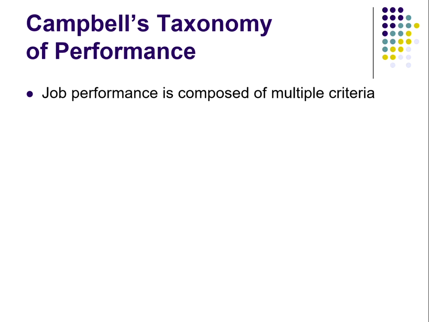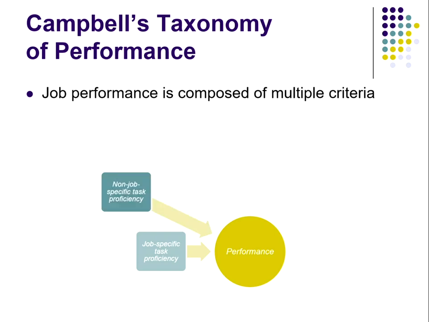So I thought I'd share with you Campbell's taxonomy of performance. The premise in this taxonomy is that job performance is composed of multiple criteria, like I mentioned on the last slide. So performance is a mixture of job-specific task proficiency and non-job-specific task proficiency.